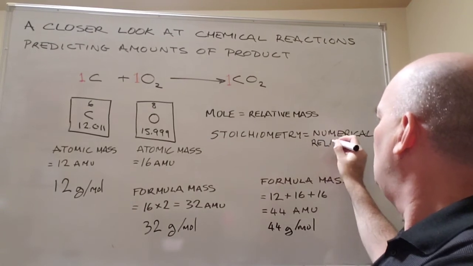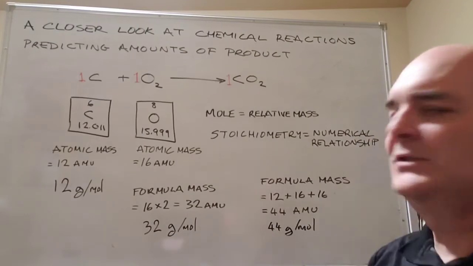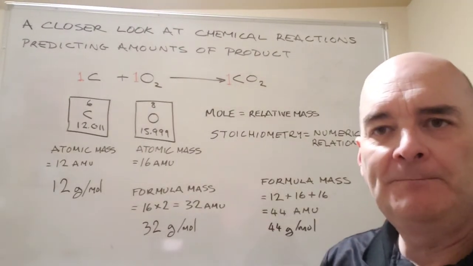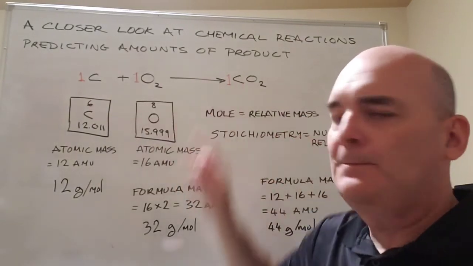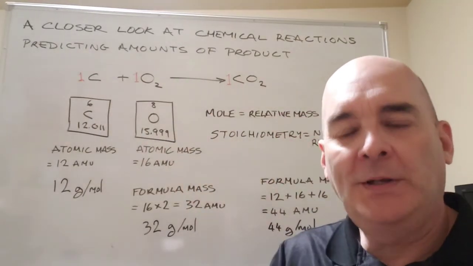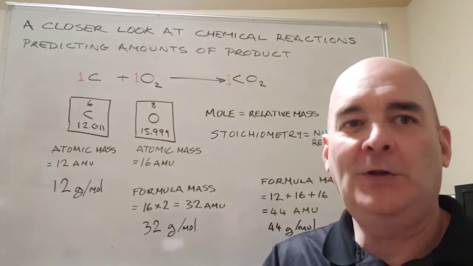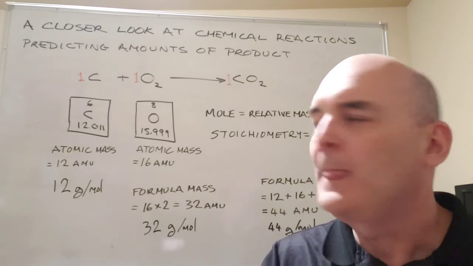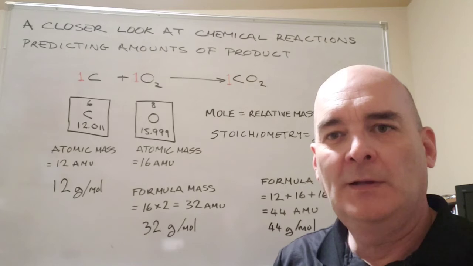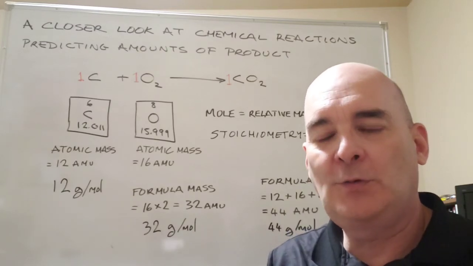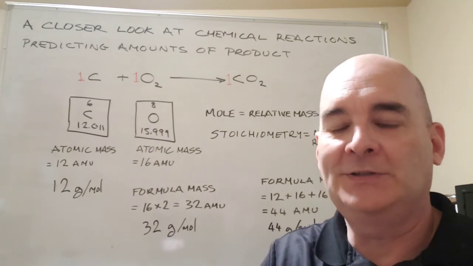The numerical relationship between reactants and products is called stoichiometry. Stoichiometry is written in moles. Quantities are going to be given to you in grams, and you're expected to give them back in grams, but we cannot use grams in the equation itself. So we're going to take a gram, convert it into a mole, find an answer, and then convert the mole back into grams.